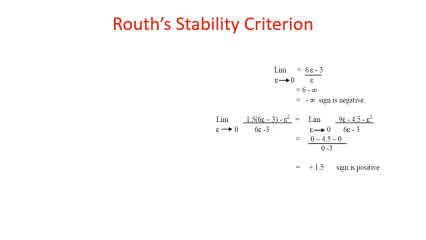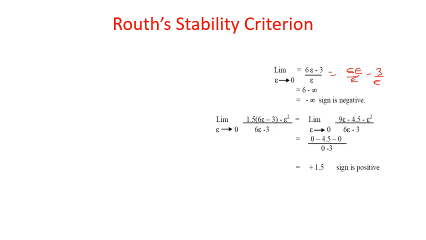Here we are going to apply the limit for the first term, 6 epsilon minus 3 divided by epsilon, which we have seen in our previous slide. Epsilon is tending towards 0, a very small value, nearer to 0. To simplify, we can write this as 6 epsilon by epsilon minus 3 divided by epsilon.